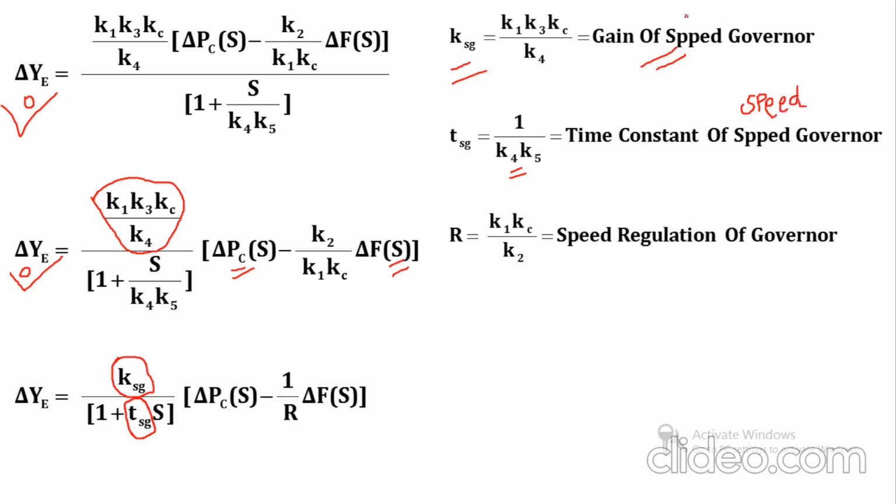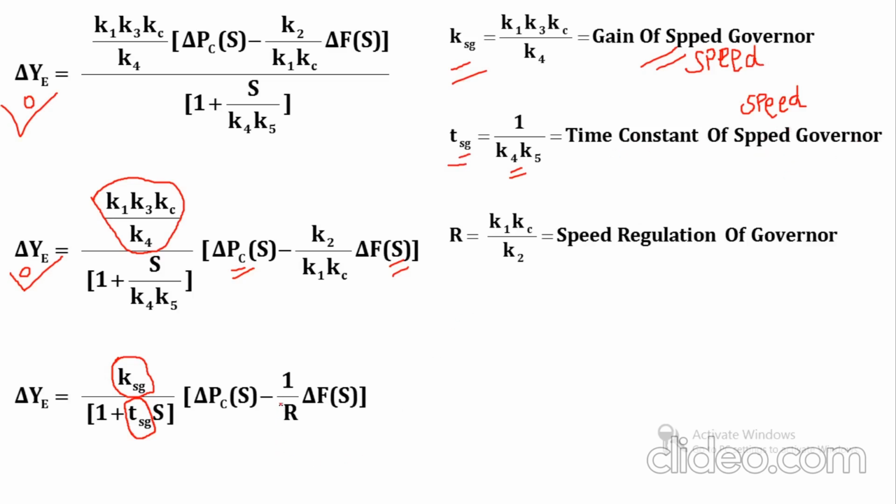Over here also there is a spelling mistake, so let me say sorry for that. This is the speed governor. This is the gain of speed governor, that is the Ksg. This is the Tsg, that is the time constant of speed governor.